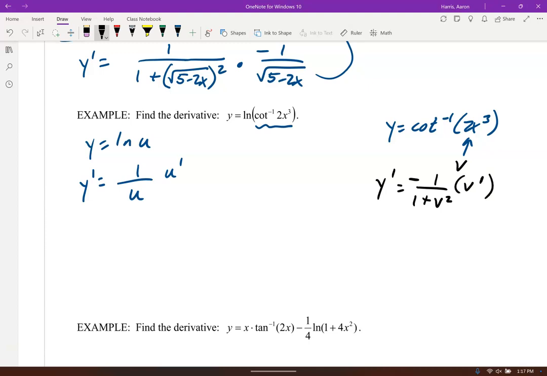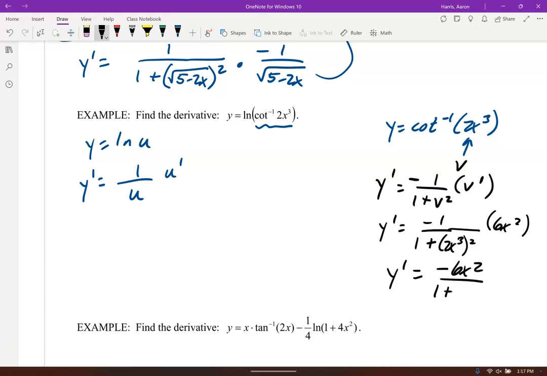Okay, so this derivative would be negative 1 over 1 plus 2x cubed squared times the derivative of 2x cubed, which is 6x squared. So this prime is negative 6x squared over 1 plus 4x to the 6th.